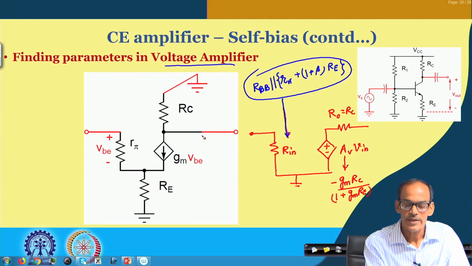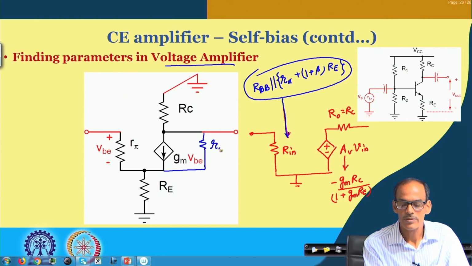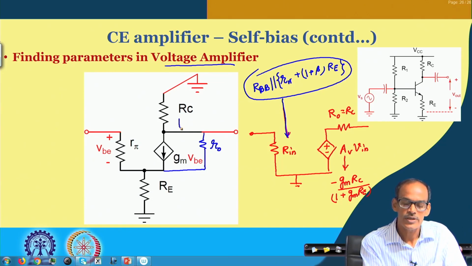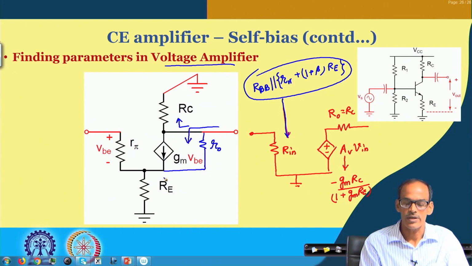If we consider, as I said, the resistance here due to the Early voltage, called Ro, or finite conductance here, then obviously I need to consider the resistance of this part coming in parallel with whatever resistance we can see in the lower side.